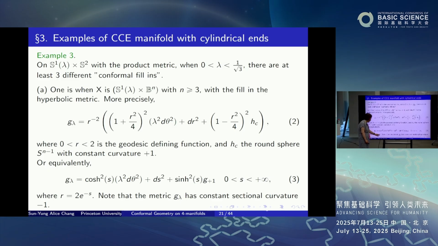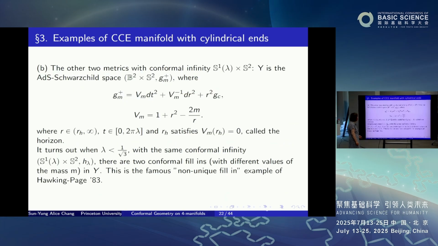If we define s to be this way, change this to r, then we can rewrite this metric into this familiar form of hyperbolic metric, product with the distance function, with the S1. And it turns out later on, if we want to characterize G lambda, is to find the geometric content of what that S means.